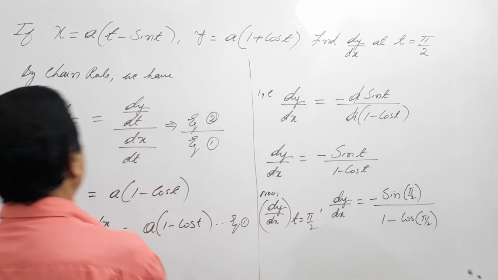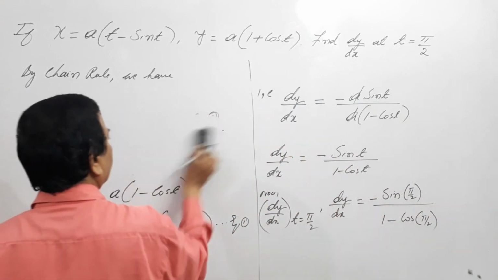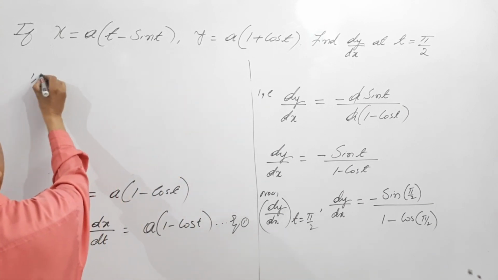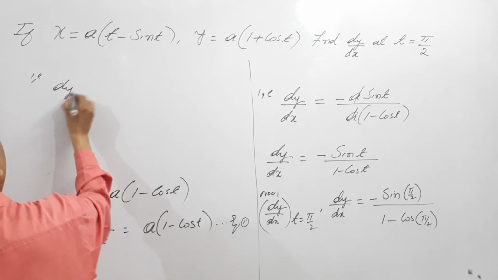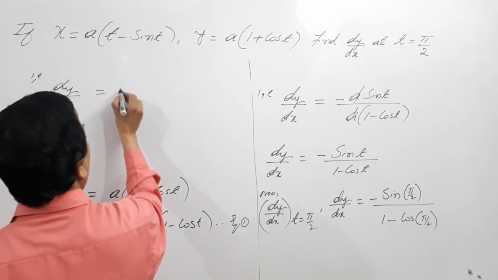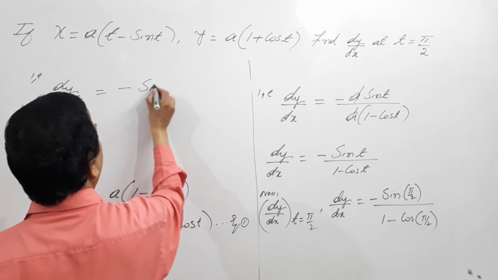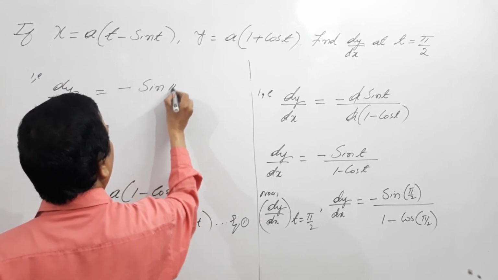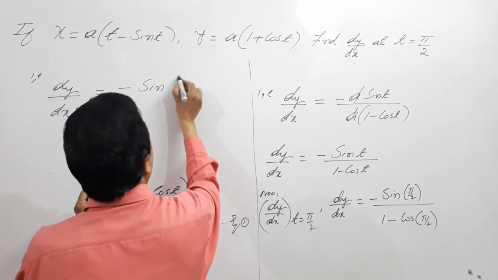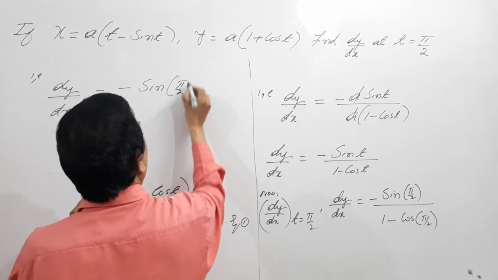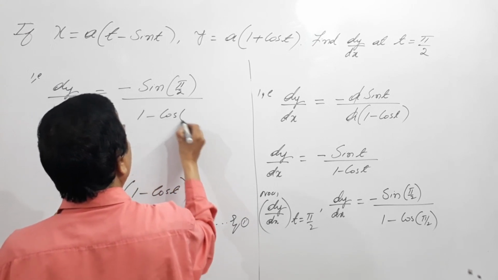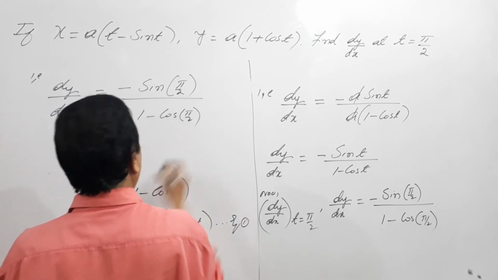Done. So I write once again, minus sin pi by 2 divided by 1 minus cos pi by 2.